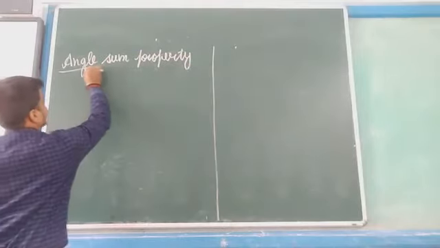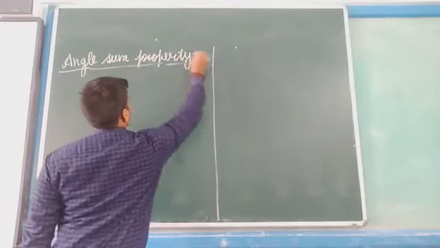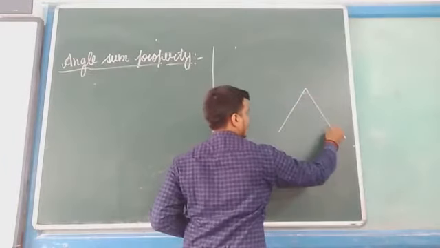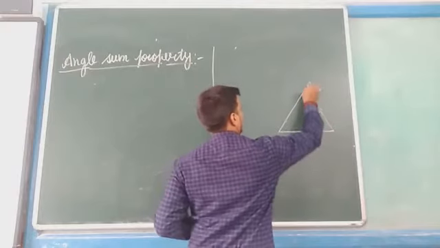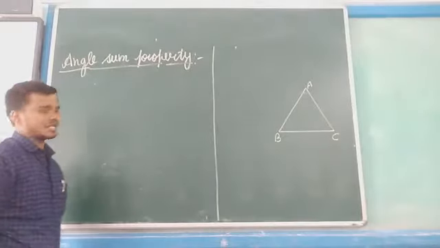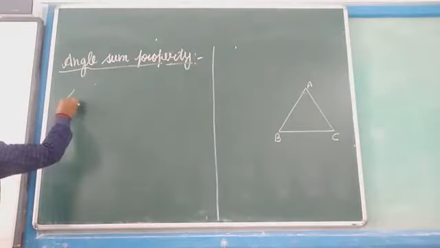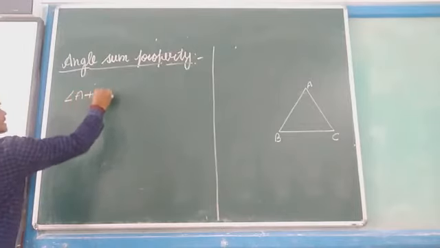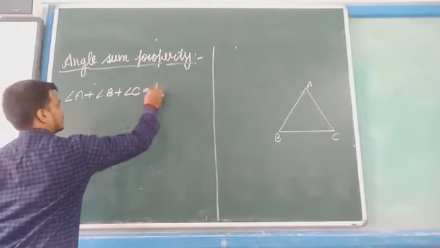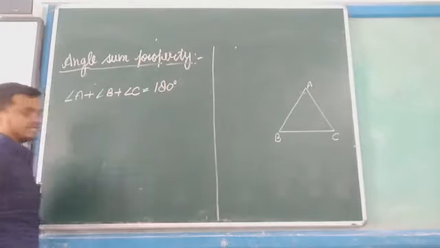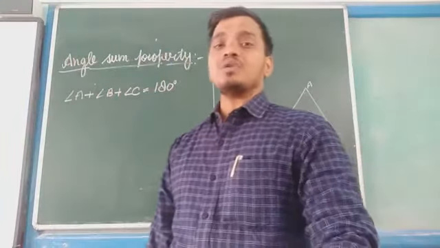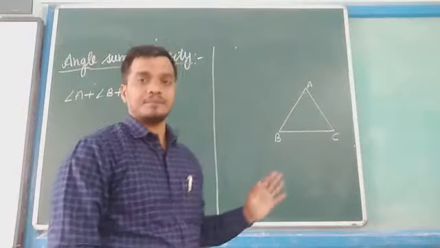Angle sum property means when any triangle is there, A, B and C, if ABC is a triangle, what will be the value of angle A plus angle B plus angle C? Its value will always be equal to 180 degrees. Means the sum of all the angles in a triangle is 180 degrees.